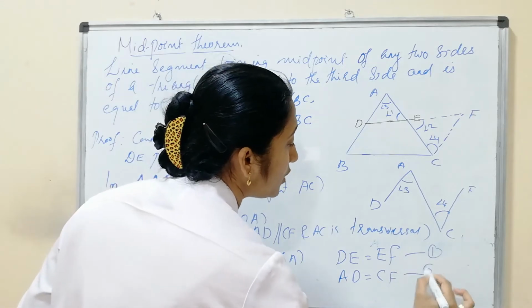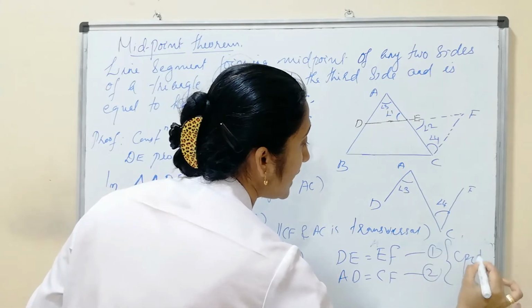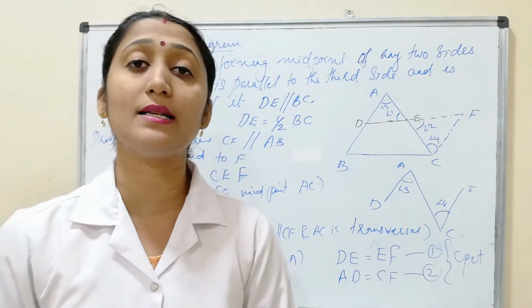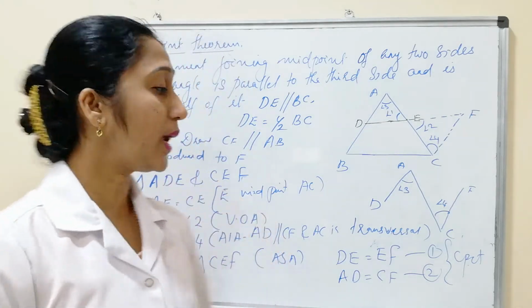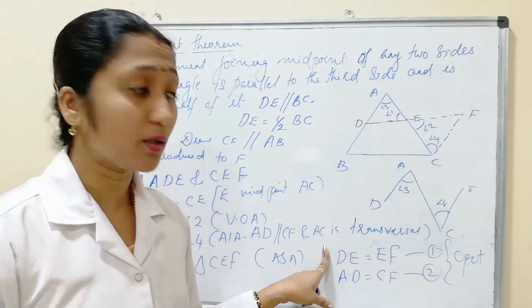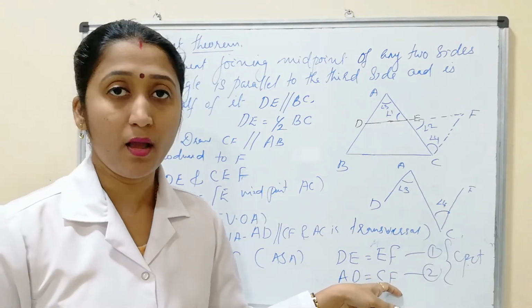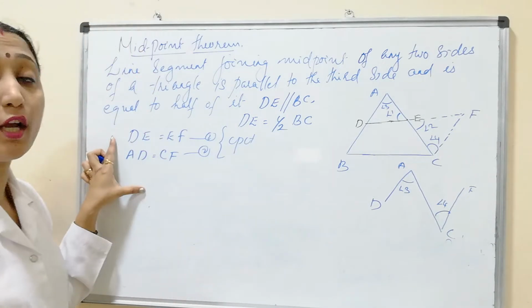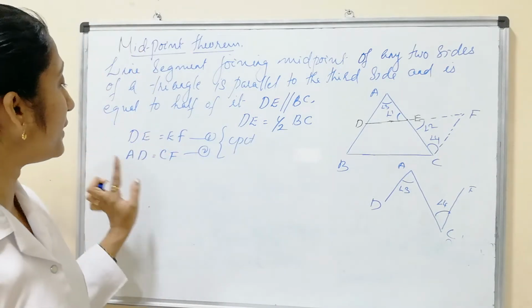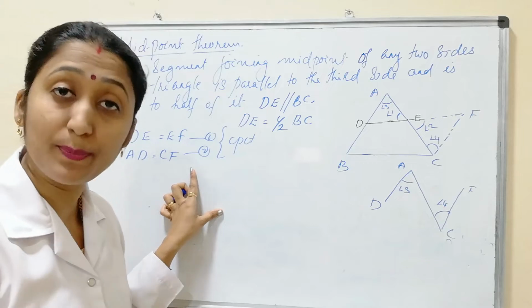Both 1 and 2 are CPCT, corresponding parts of congruent triangles. Okay, so now we conclude DE equal to EF and AD equal to CF.